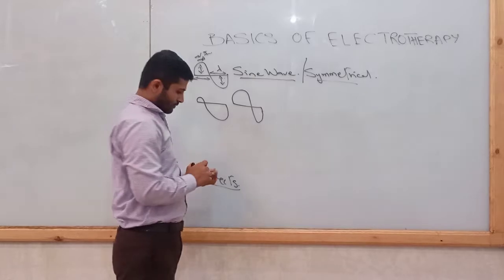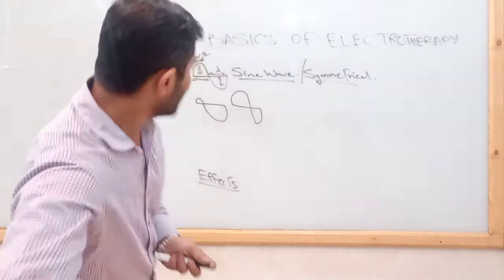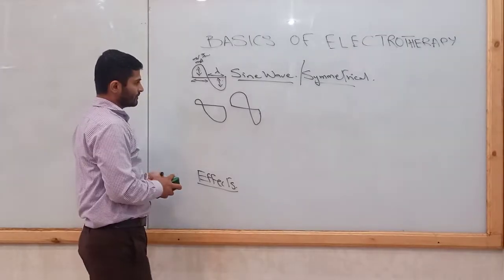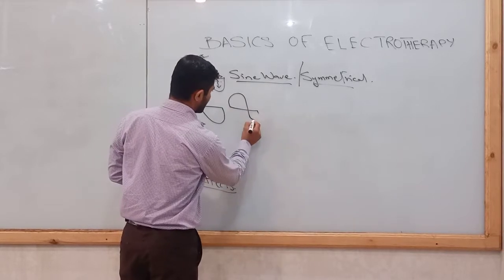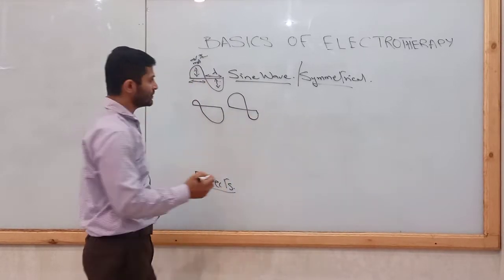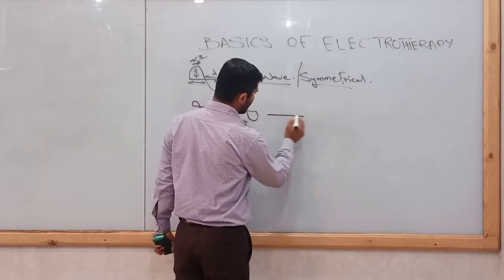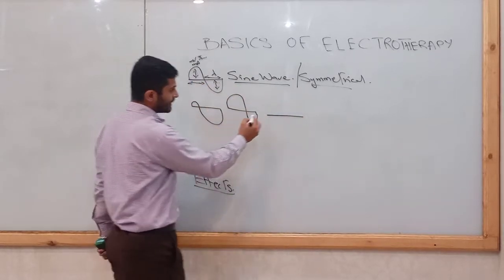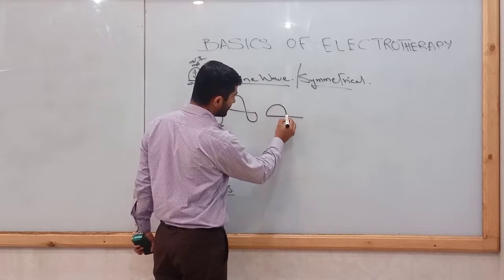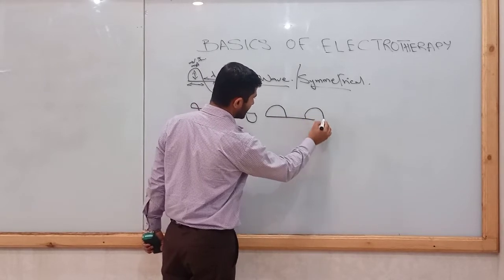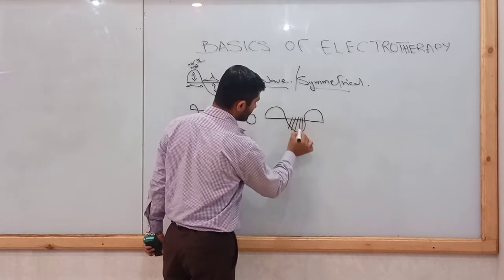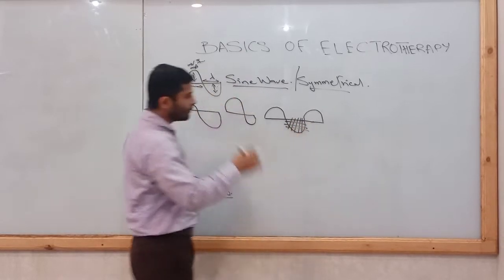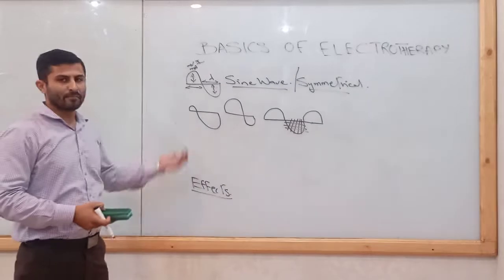We can also have a process which is called rectification. From this sine wave, we can have half wave rectification. It means that we just cut out or omit the lower portion or the upper portion, it depends.